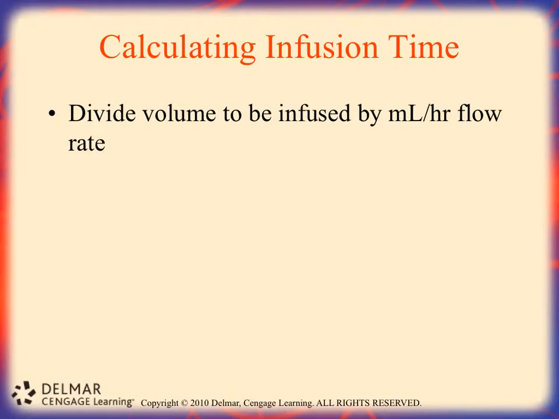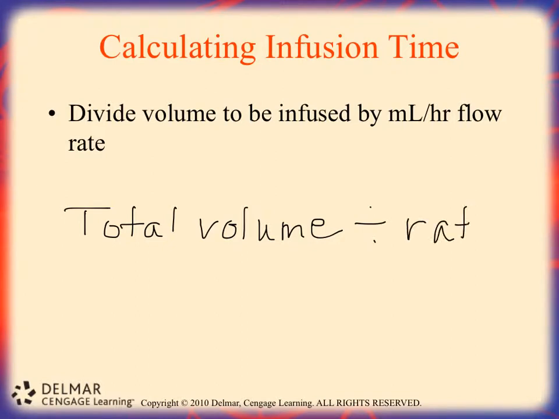Now, calculating the infusion time is pretty simple. I don't have my stylus, so this is not going to be too good writing here. So you're going to have your total volume that you're infusing, and you're just going to divide that by whatever your rate is in milliliters per hour.